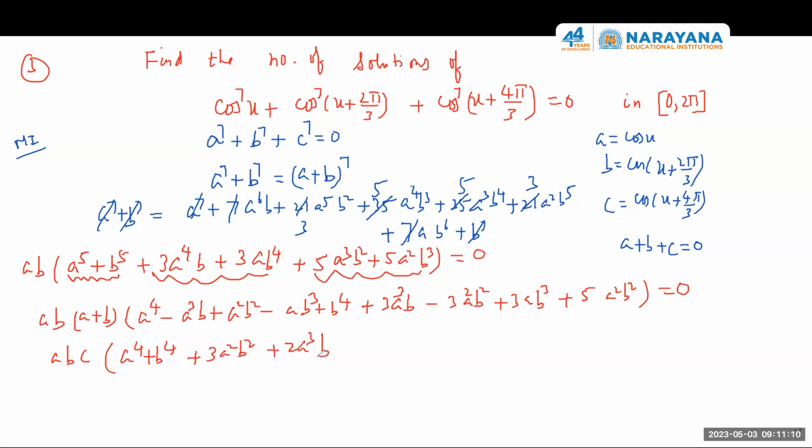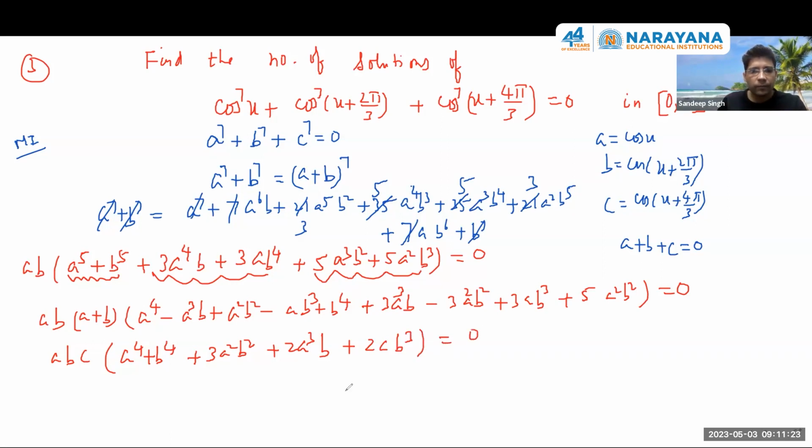2A cube B. And then I think symmetrical terms should come, no? Plus 2AB cube should also come. Is it there? Yes, it is there. So I think everything we have written is correct over here.